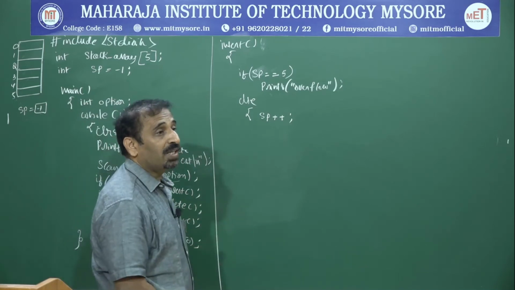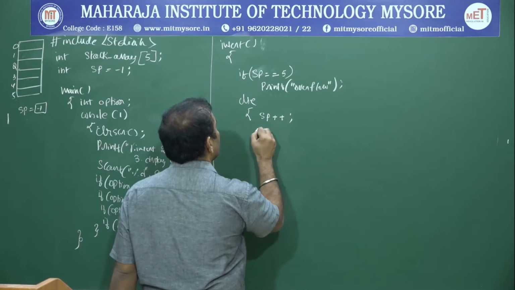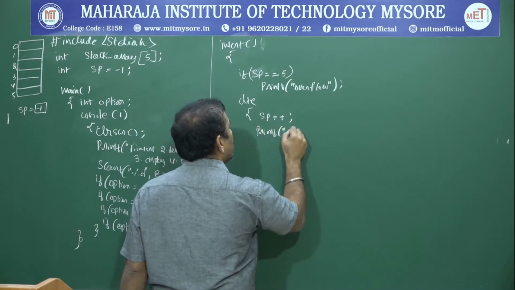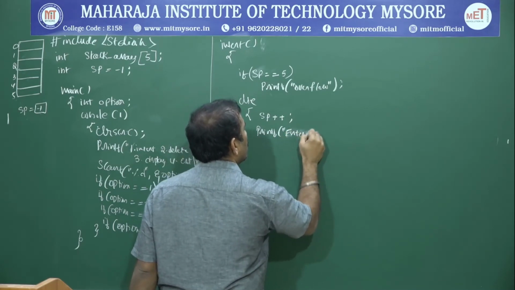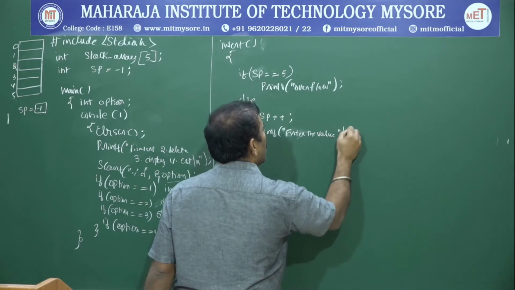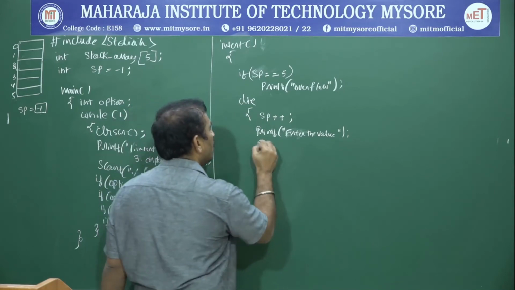What data is to be inserted? You ask the user to give the value. So what you do is printf, please enter the value to be inserted. You have to read that value first of all.